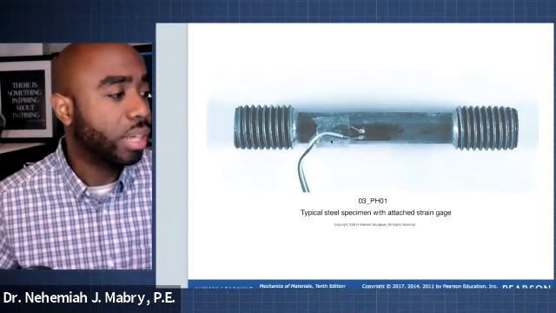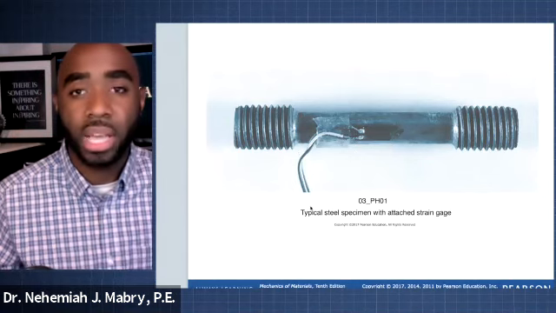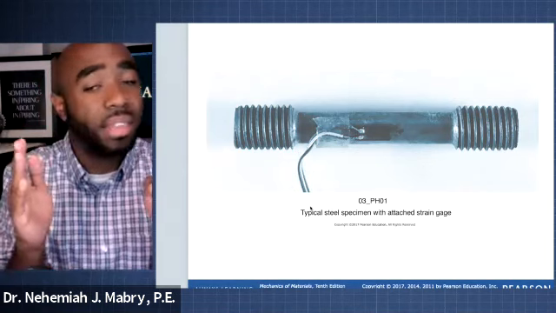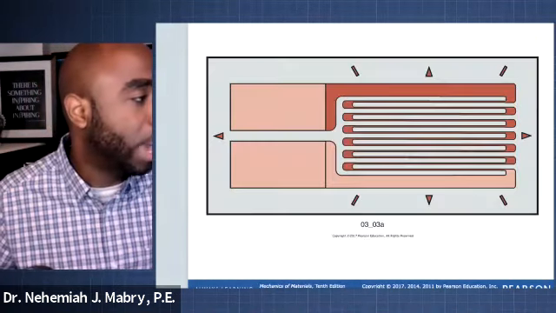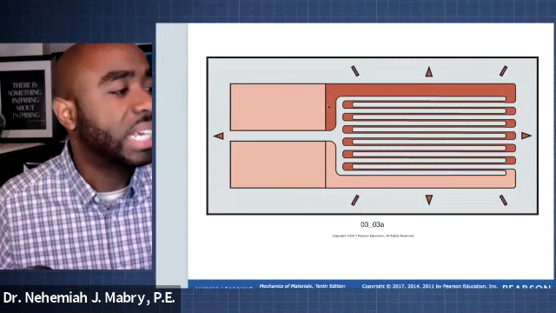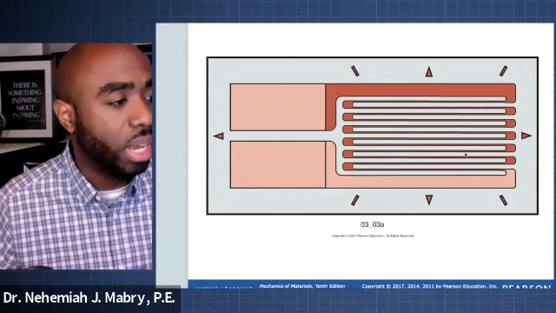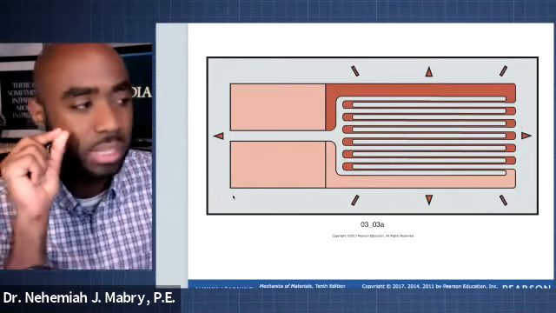Wires are soldered to it and connected back to our computer device where we can measure the change in the length. But the change in the length is actually determined by looking at the change in electrical resistance that flows through this pattern on this very thin sensor.